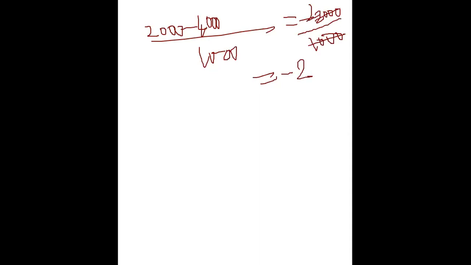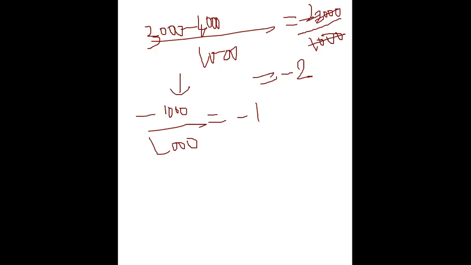That is what we have considered here. Then for the next value, 3000 minus 4000 will give you minus 1000 divided by 1000, which is equal to minus 1. And 4000 minus 4000 is 0.